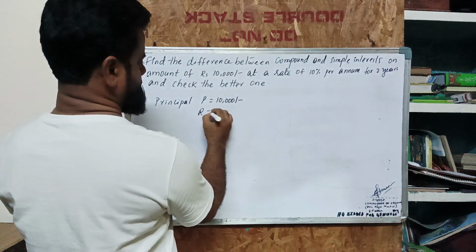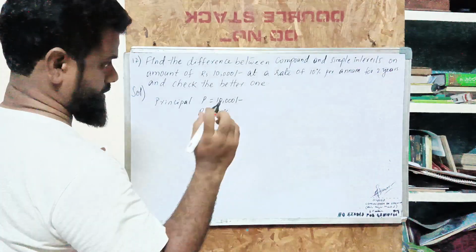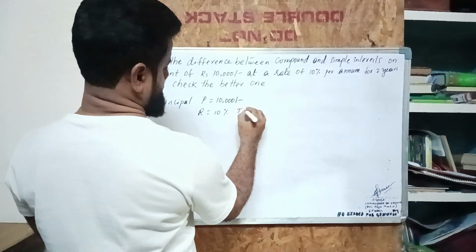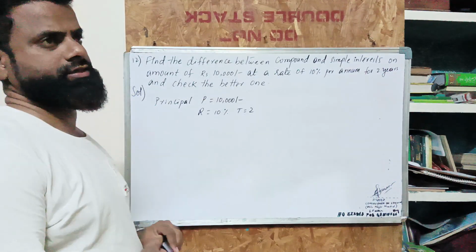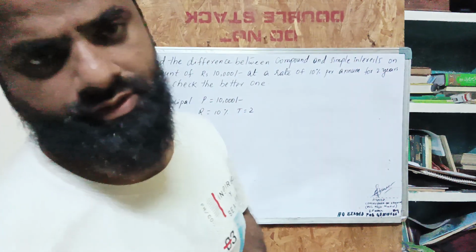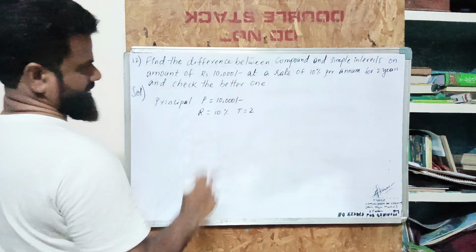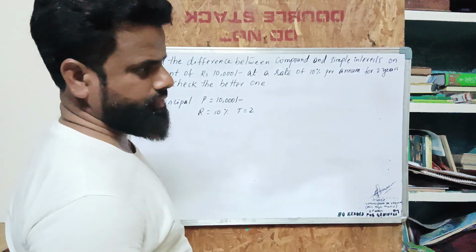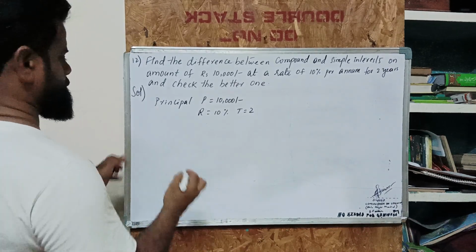So the rate of interest is 10% per annum, and T is 2 here. For simple interest we take T, and in compound interest we will take it as N. Okay, so simple interest is very easy to find, so I am doing simple interest first, later on we will be doing the compound interest.